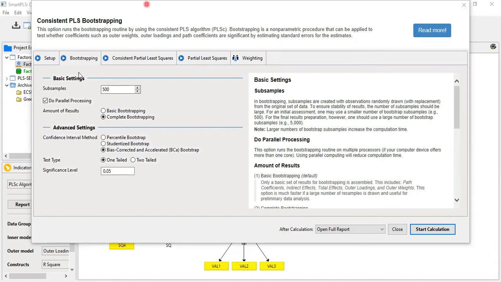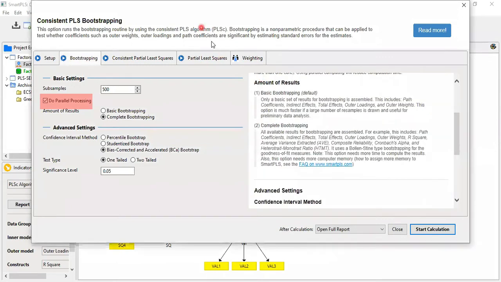Another important thing here is the two-day parallel process. And what is the benefit? The benefit is that it can provide some good benefits. If you come down, then two options are available. Basic bootstrapping by default will remain checked, and it provides you some of the path coefficients, indirect, direct, and total effects up to this level.